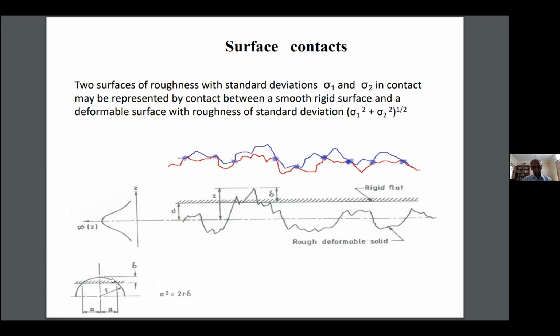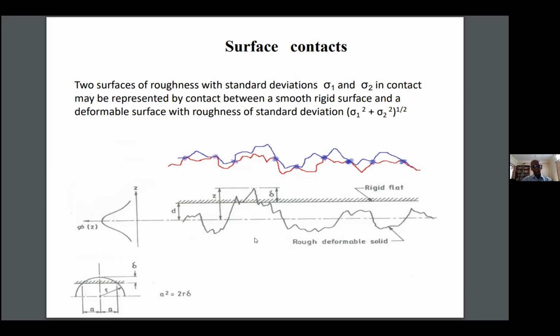Initially the point contact becomes a circular contact. The projection of this will be a circle. We'll prove later on that if the radius of the contact is a, then a squared is 2 R delta, delta being the deformation. We'll see this more later.